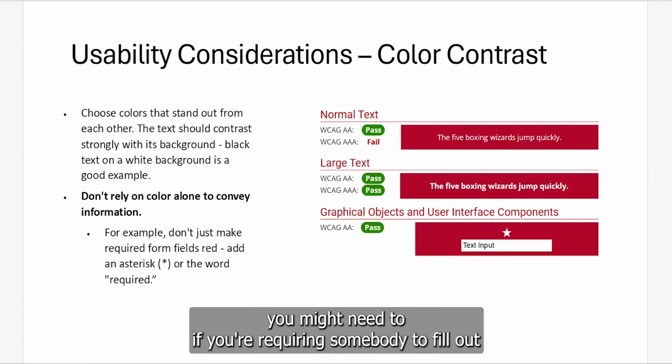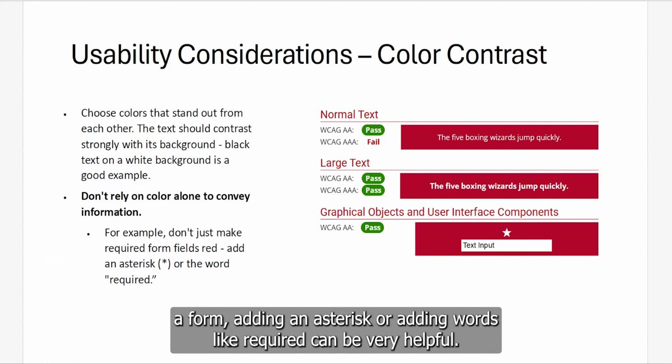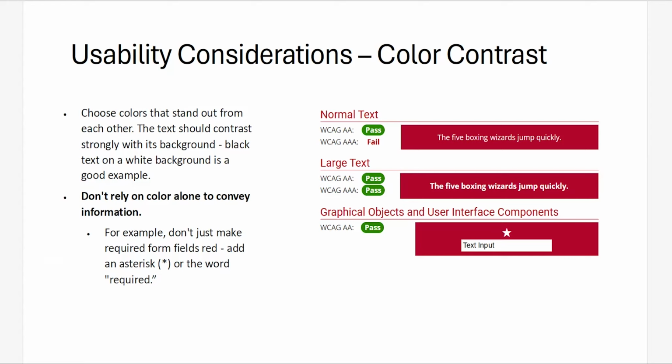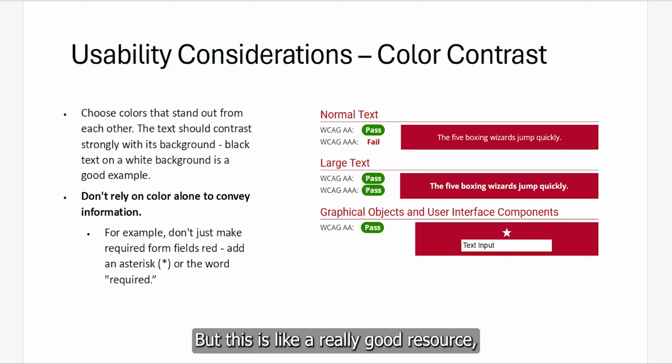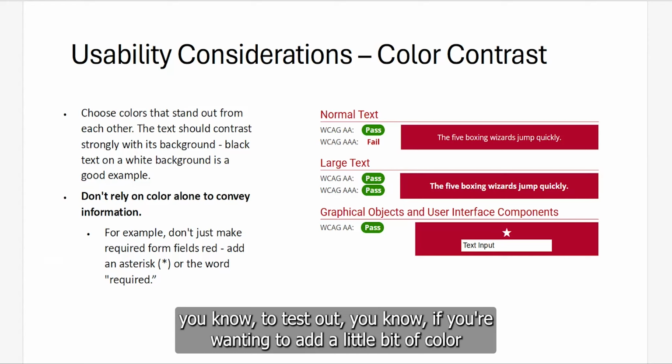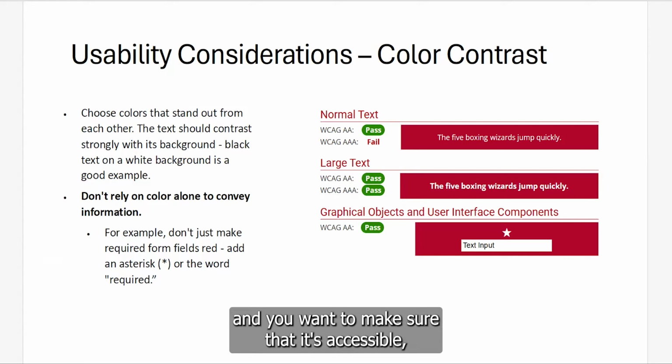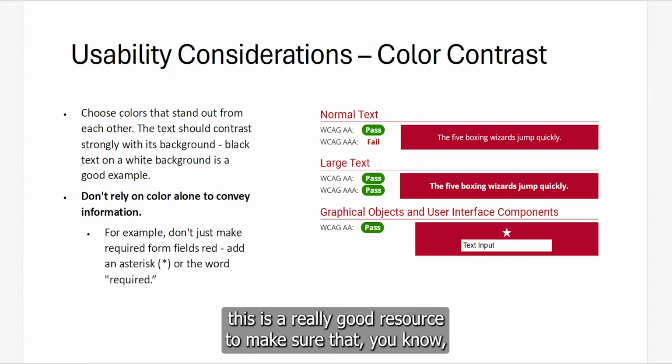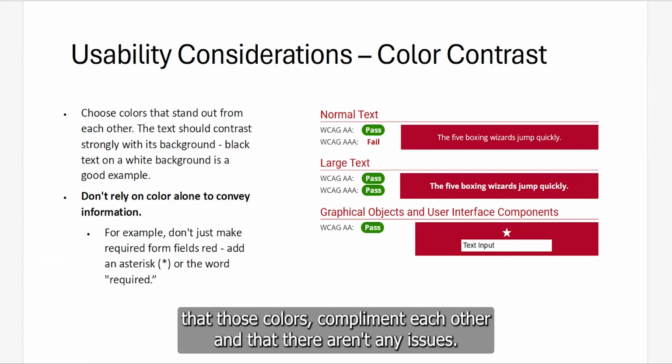If you're requiring somebody to fill out a form, adding an asterisk or adding words like required can be very helpful. But this is a really good resource to test out if you're wanting to add a little bit of color and you want to make sure that it's accessible, to make sure that those colors complement each other and that there aren't any issues.